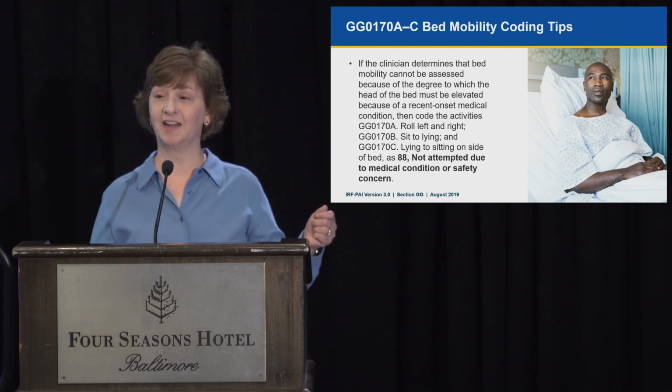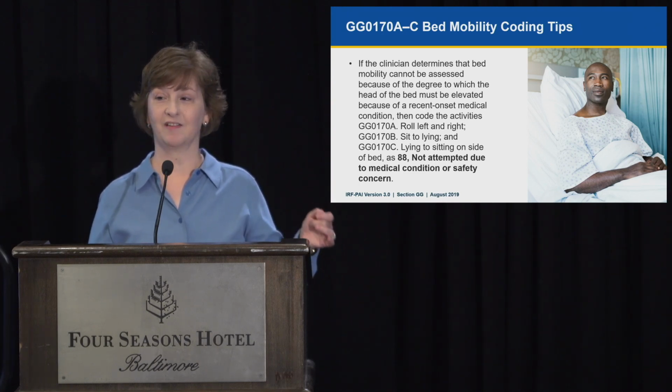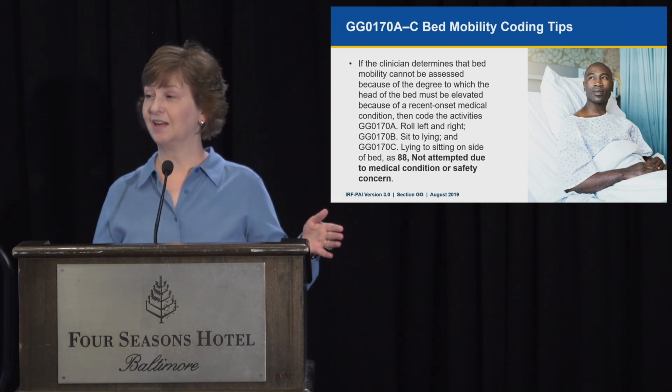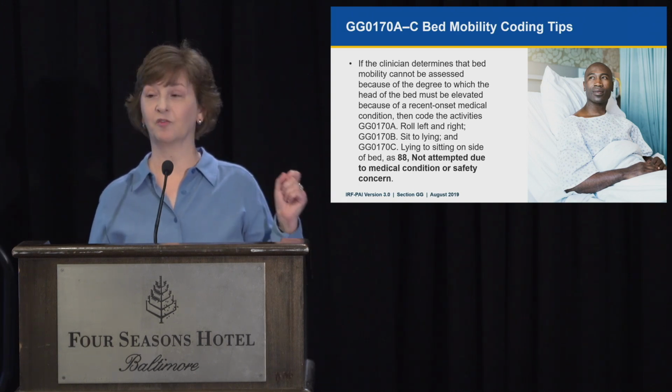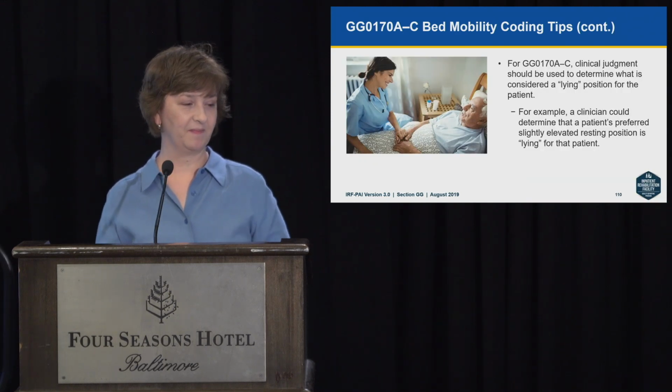For Code 9, it means the person did not perform the activity prior to the current illness, exacerbation, or injury. So the example here, we coded at 88 because we talked about it being a recent onset condition. So I hope that makes sense.